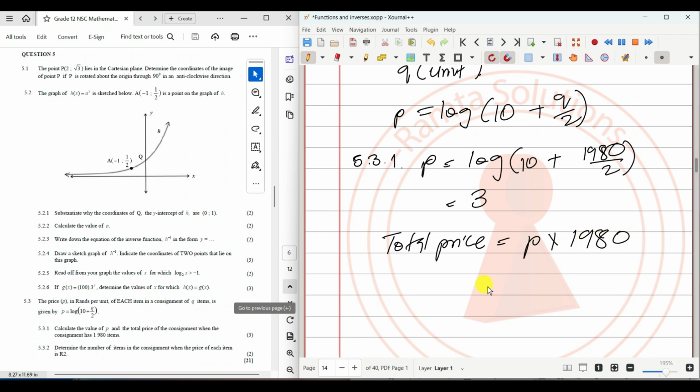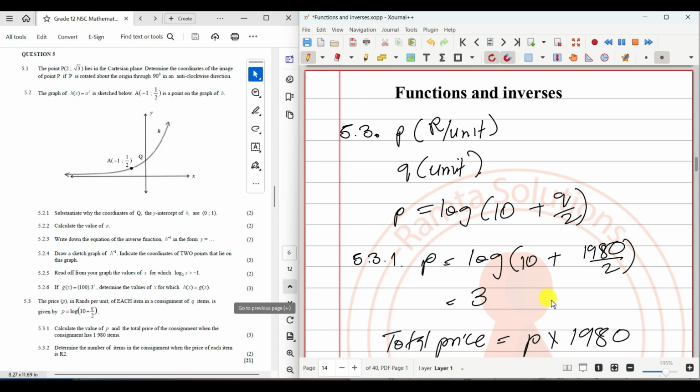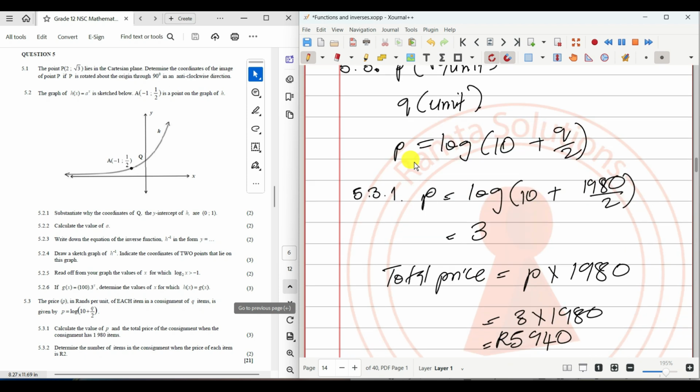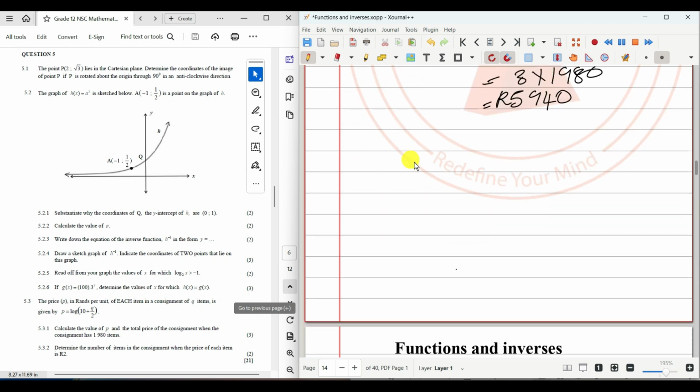Okay, so what is this? 3 times 1980 will be, the total is 5,940 rands. So this, in your physical sciences, if you're doing physical sciences, this is where you're talking of unit consistency. Okay, perfect.